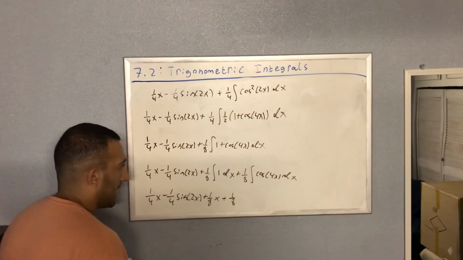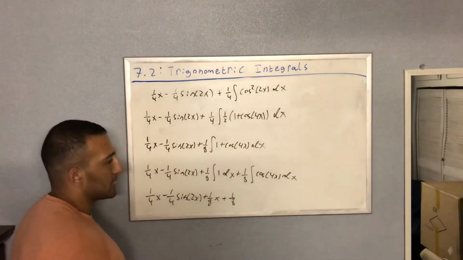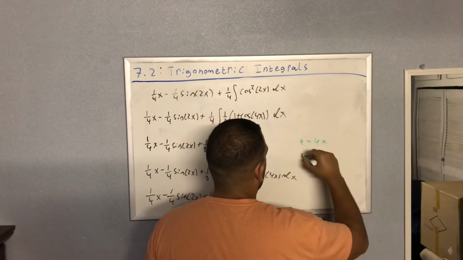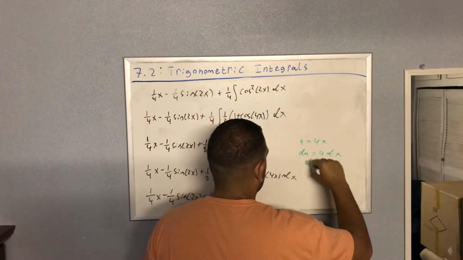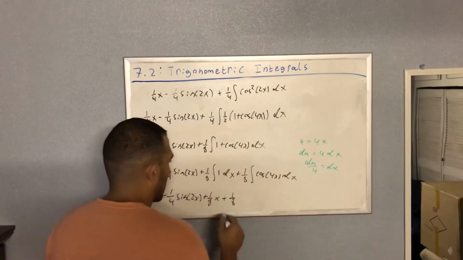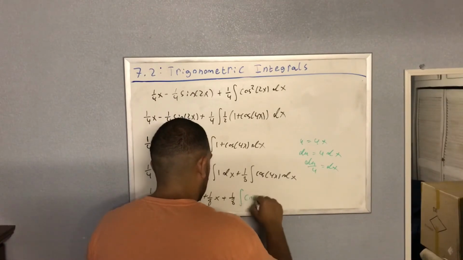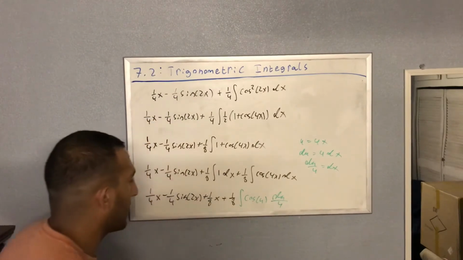and then how are we going to deal with this integral? Well, we're just going to use u substitution. So if u is 4x, then du is just 4 dx, and du over 4 is dx. So this becomes 1/8 integral cosine of u du over 4.